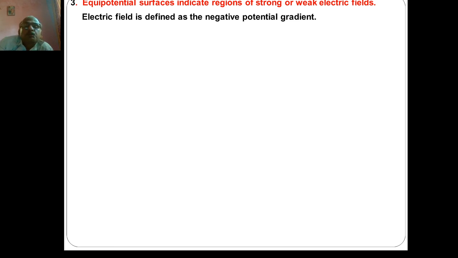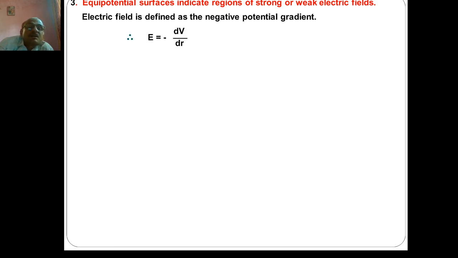Next, equipotential surfaces indicate regions of strong or weak field. We have seen E equals minus dV by dl. Here dV by dl is the potential gradient, so the electric field is the negative of the potential gradient. Children, electric potential is a scalar quantity, but potential gradient is a vector quantity.